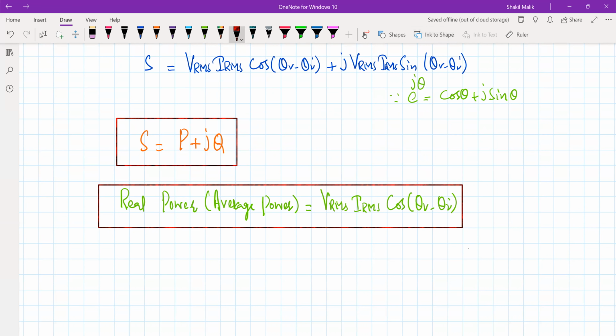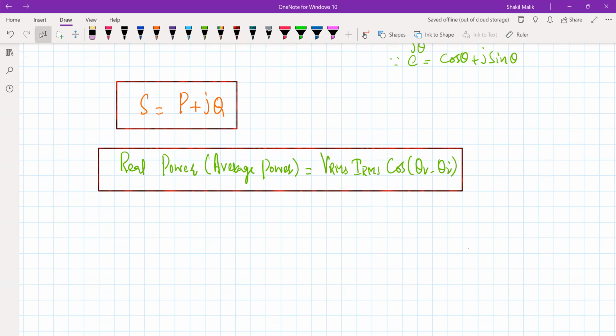All right, so this is the average power or the real power of an element, and it is denoted by simply P. So P is simply equal to VRMS IRMS cos of theta v minus theta i.